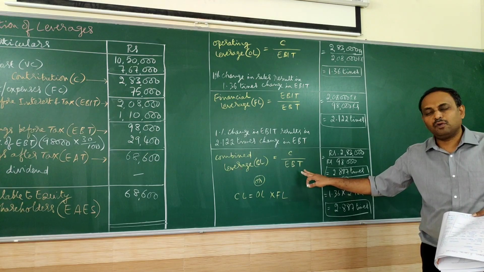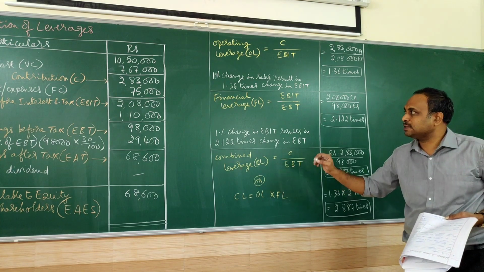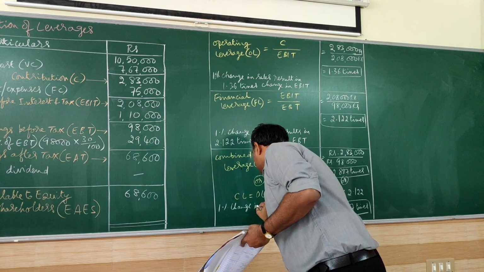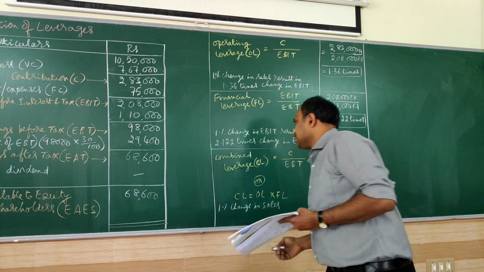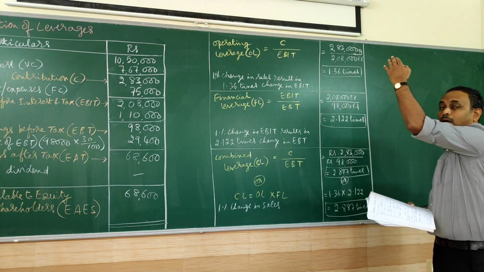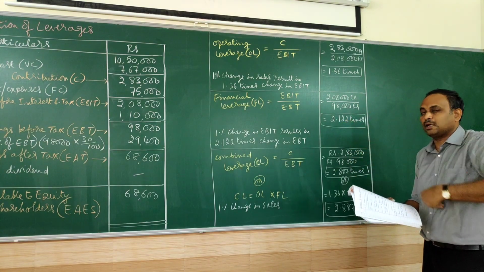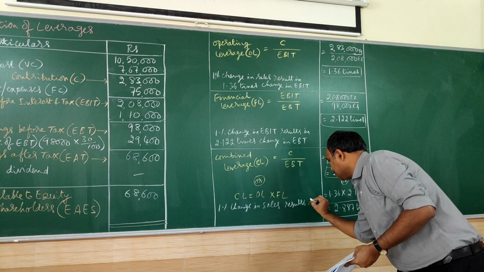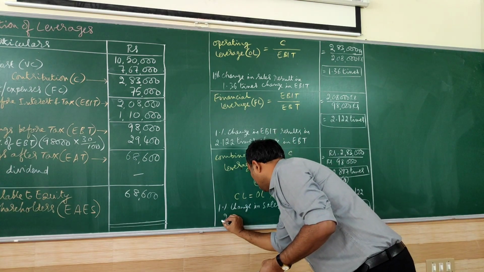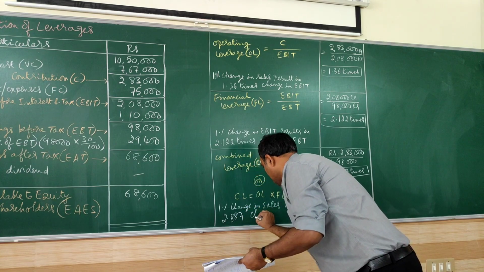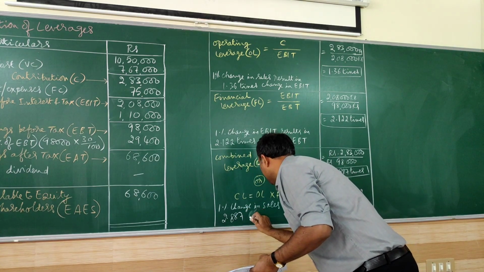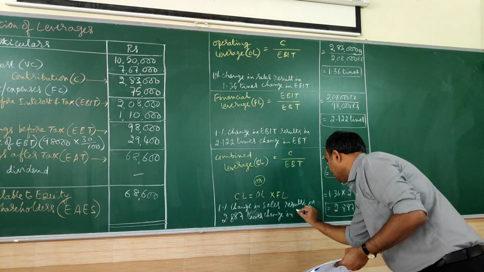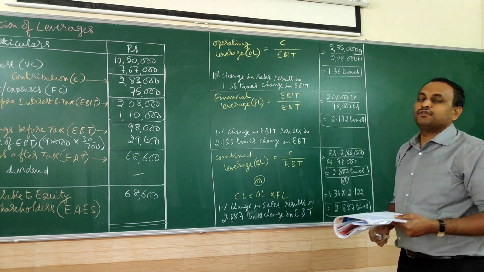What is the implication of combined leverage or the total leverage? It is a combination of the two. A 1% change in sales, taking the operating leverage and the financial leverage combined together, results in 2.887 times change in EBT of the business.